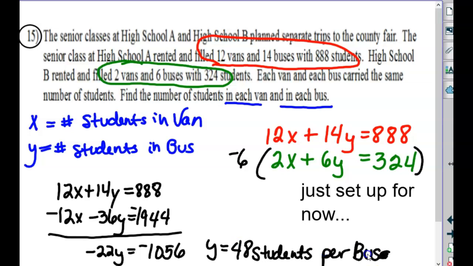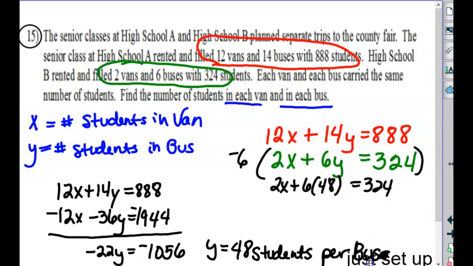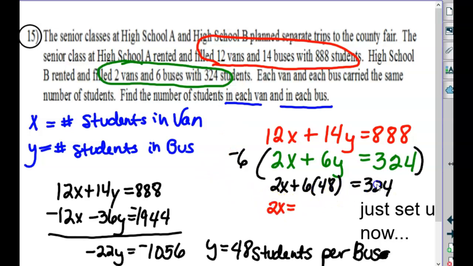Okay, now if I were to put that back in somewhere, right here, this green one. So we have 2x plus 6 times 48 equals 324. It's 2x equals, what do you get when you multiply?